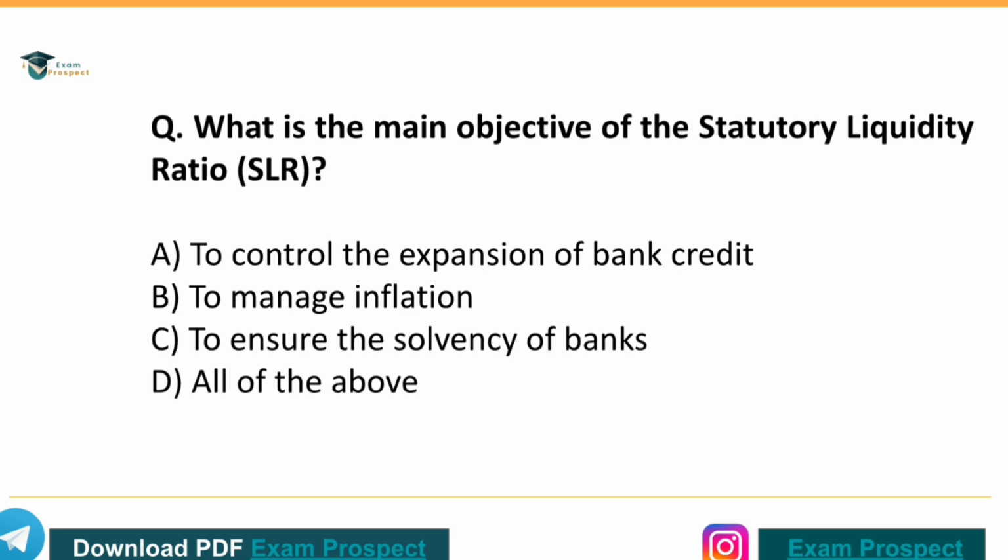Next question, what is the main objective of the statutory liquidity ratio, SLR? Correct answer is all of the above. That is, to control the expansion of bank credit, to manage inflation, to ensure the solvency of banks.